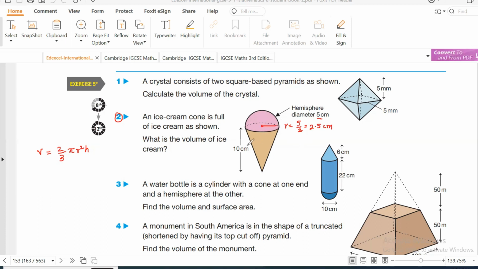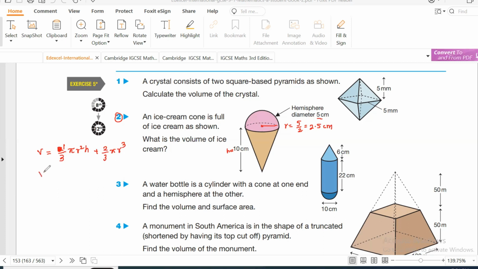The height is given, h is 10. Volume of cone is 1 over 3 pi r square h, and volume of hemisphere is 2 over 3 pi r cube. This is the formula of volume of hemisphere.